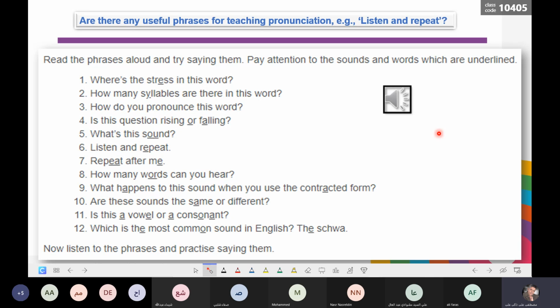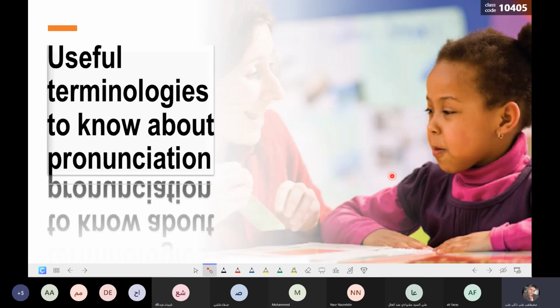How many words can you hear? 9. What happens to this sound when you use the contracted form? 10. Are these sounds the same or different? 11. Is this a vowel or a consonant? 12. Which is the most common sound in English? The schwa. Okay.